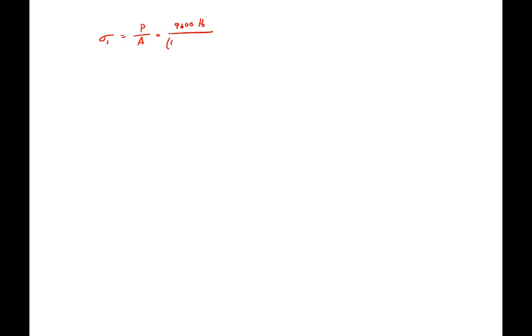The A is just 6 inches times 4 inches from the previous page. That's going to give me 400 psi. That's in compression, so I could have written that as negative 400.